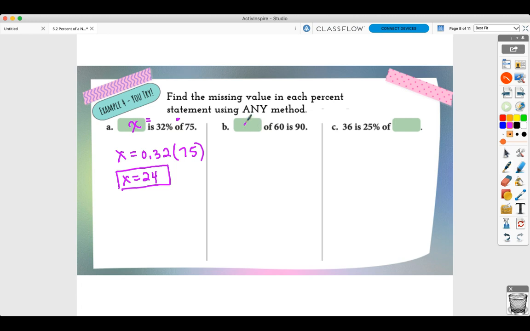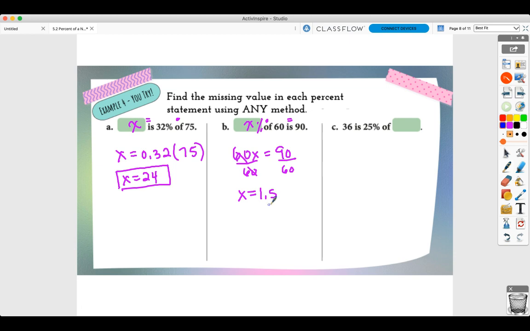It's another one. Our variable here, multiplying here, and is here. So 60x, and you can write x times 60, nothing wrong with that. I'm just flipping it around because it's easier, is equal to 90. And this is going to be a percent, guys. Percent of 60, okay? So divide by 60 to both sides. So 90 divided by 60 is x is 1.5, and that is not your percent.